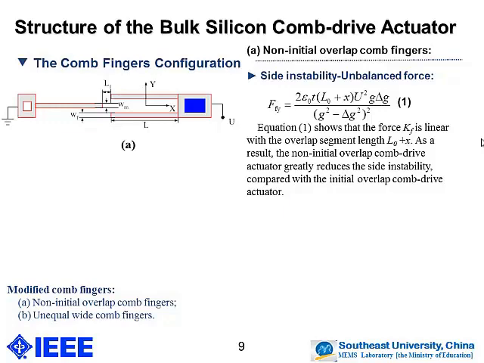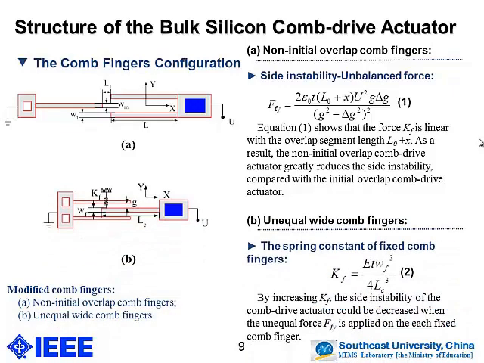As a result, when the overlap segment length is small, the unbalanced force will be decreased. So the comb-drive actuator with non-initial overlap comb fingers will reduce the side instability greatly compared with the initial overlap comb-drive actuator.